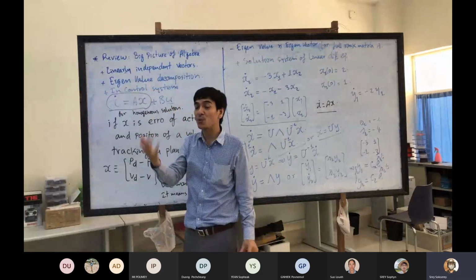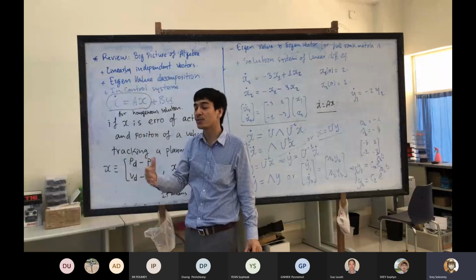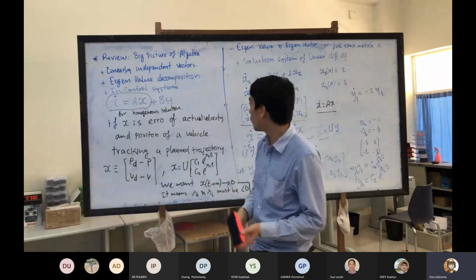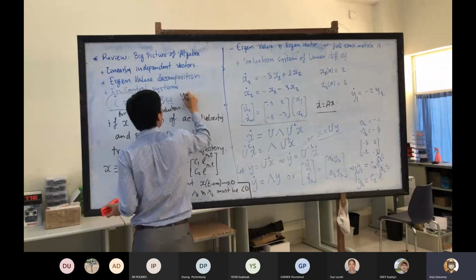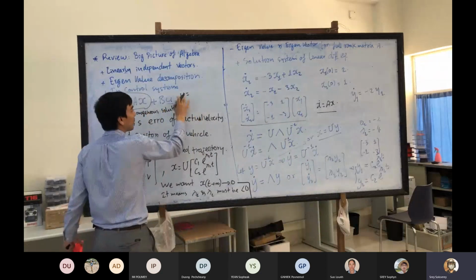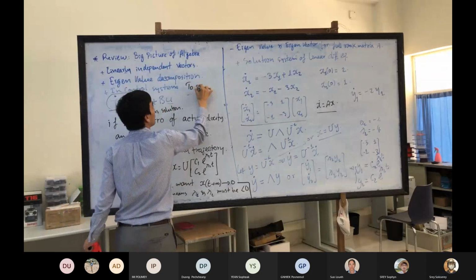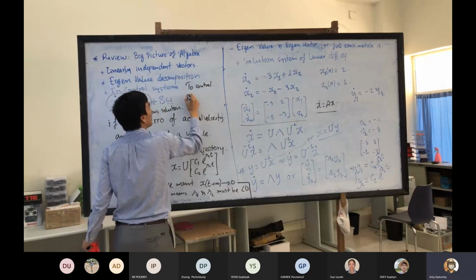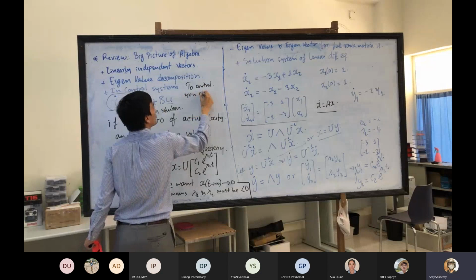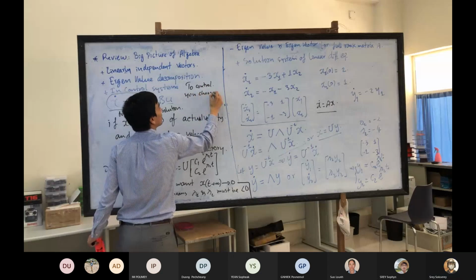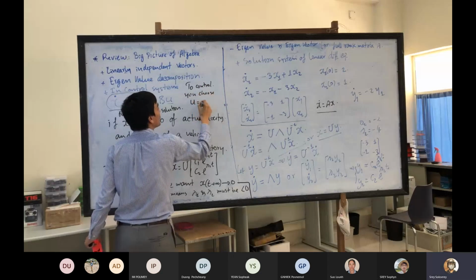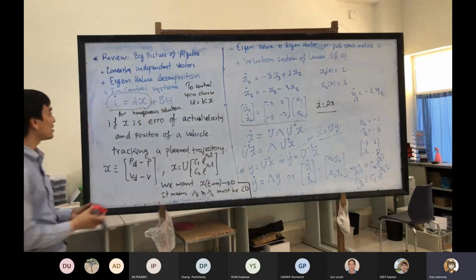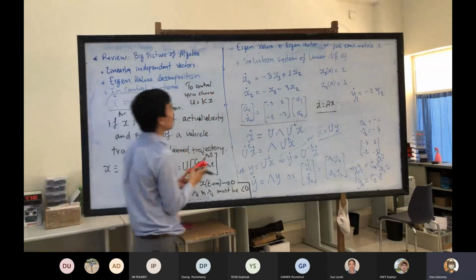What if you want to design a controller? When you design a controller, you choose u equal to, let's say, minus Kx, for example.